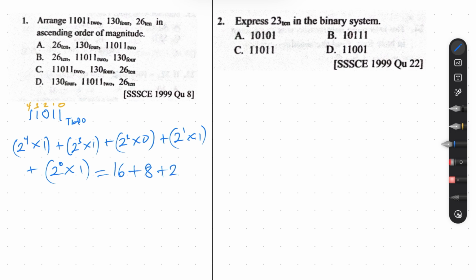So plus 0 plus 2 to the power of 1 is 2 times 1, which is still 2. Then we have plus 2 to the power of 0 is 1 times 1, right? So plus 1.